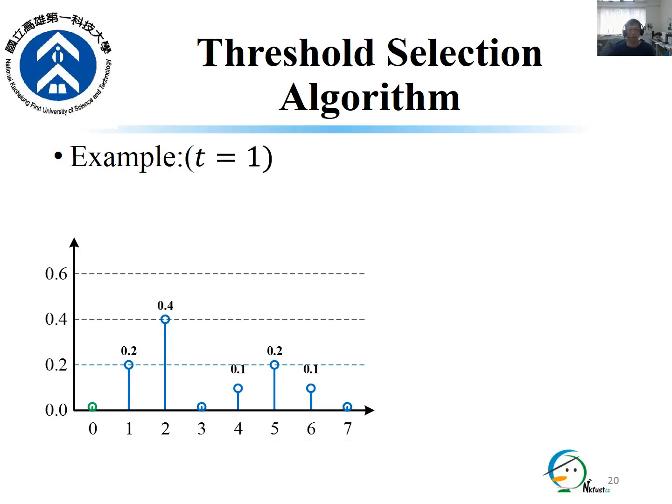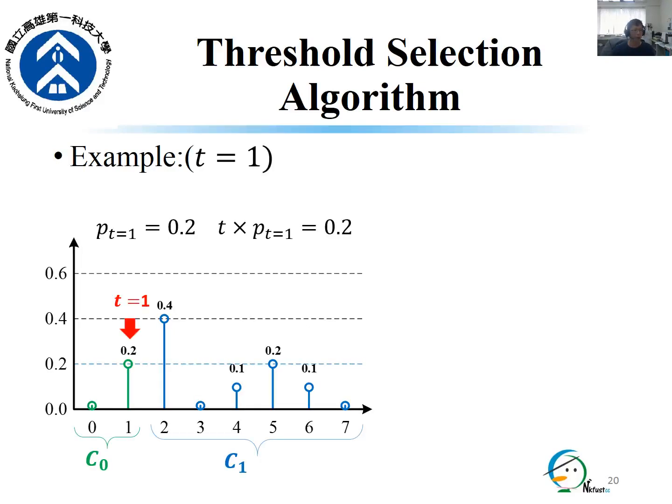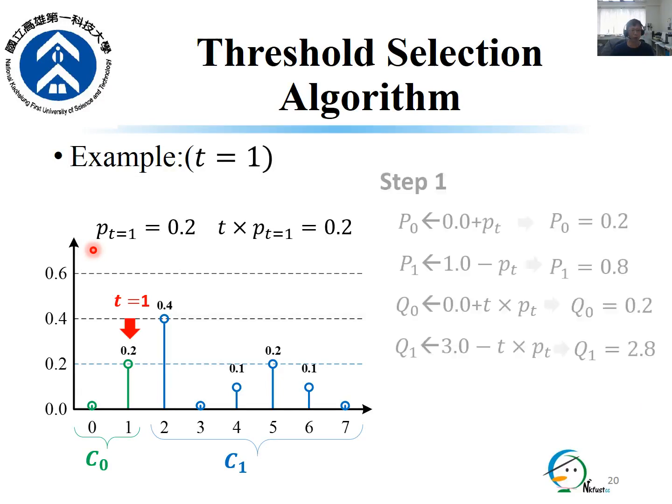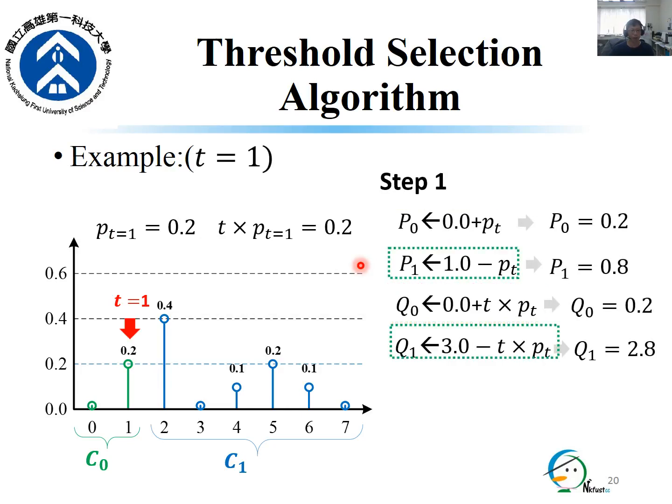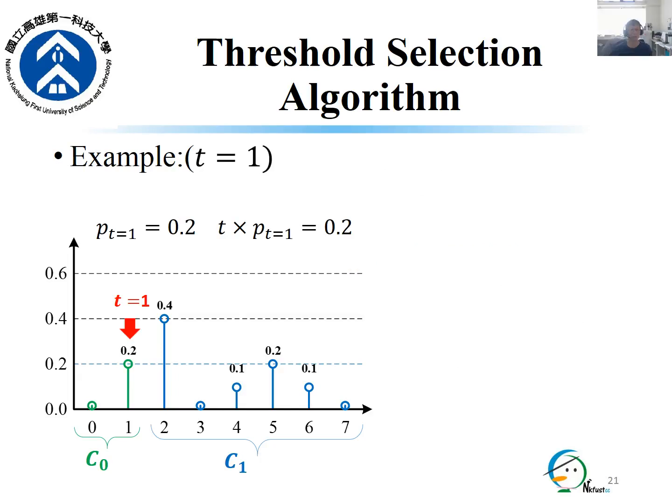At iteration 1, we move the pixels with grade level 1 from class 1 to class 0. The ratio of pixels with grade level 1 is 0.2. Accordingly, we add 0.2 to P0 and Q0, but subtract 0.2 from P1 and Q1. Because class 0 and class 1 are not empty, we skip step 2 and go directly to step 3.